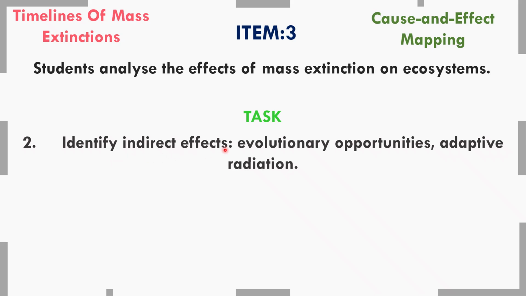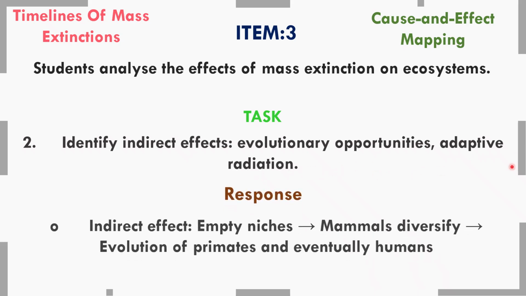Identify indirect effects, evolutionary opportunities, adaptive radiations. Indirect effects were the empty niches, which resulted in mammals diversifying, and evolution of primates and evolution of humans.